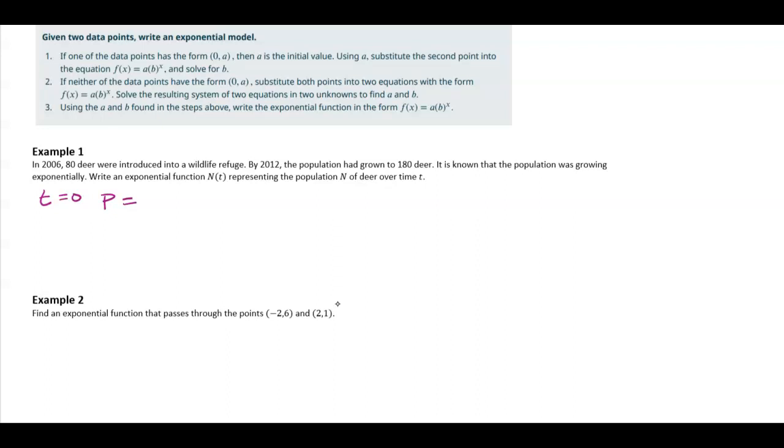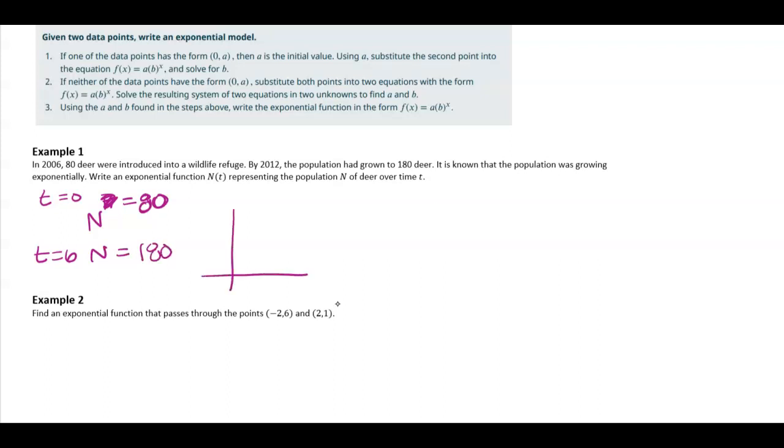Oh, this says to use n. All right, so then 2012, 7, 8, 9, 10, 11, 12 would be year 6. And it's up to 180.